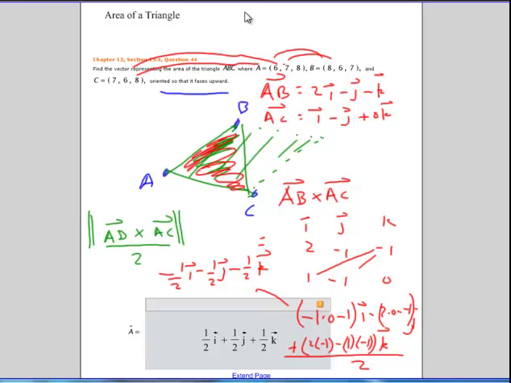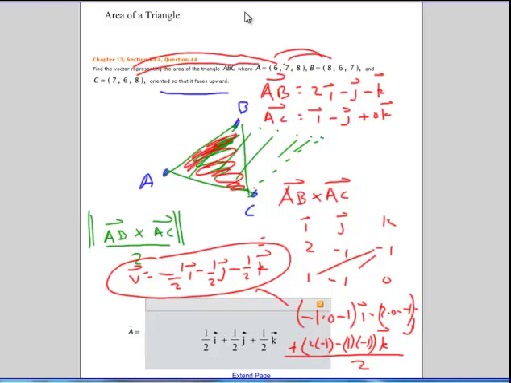And then it says oriented so that it faces upward, and this is our vector that represents the area of the triangle. If we found the magnitude, that would be the area. But this vector represents the area. It's a vector pointing in a direction perpendicular to the plane that triangle is on, and the magnitude of that vector is the area of the triangle.